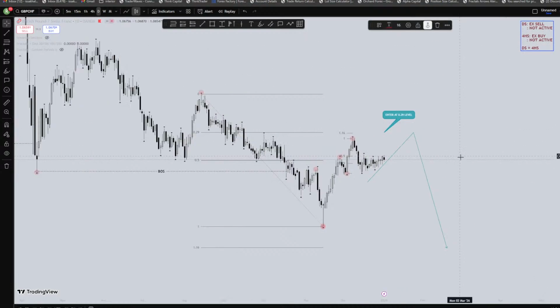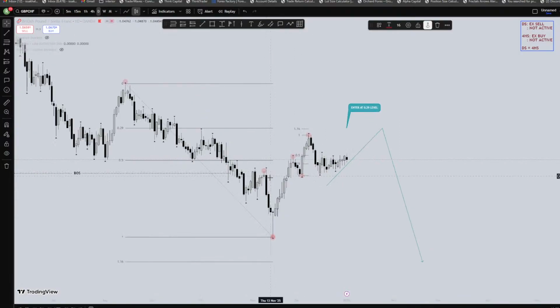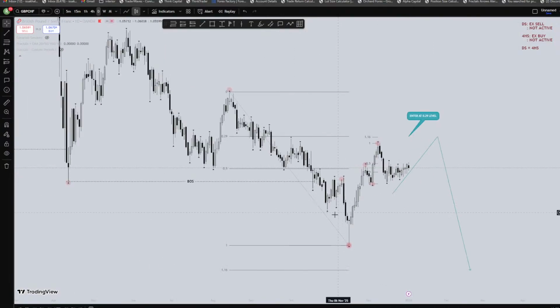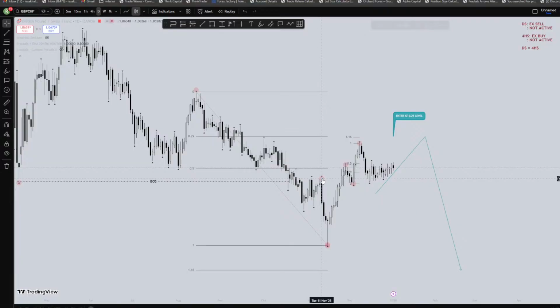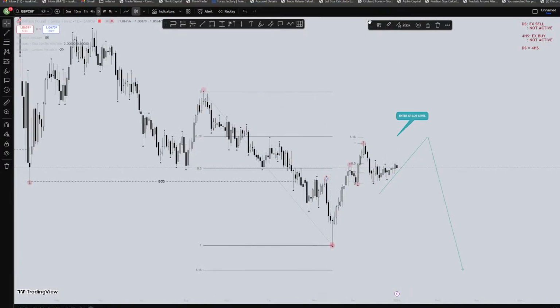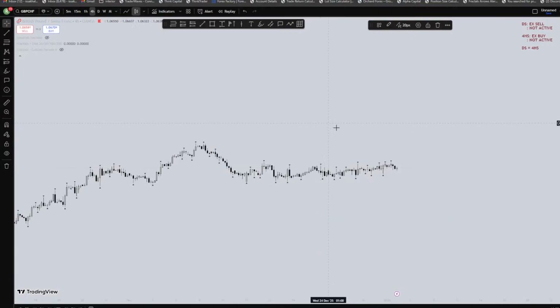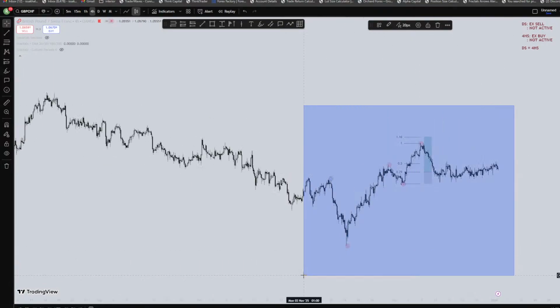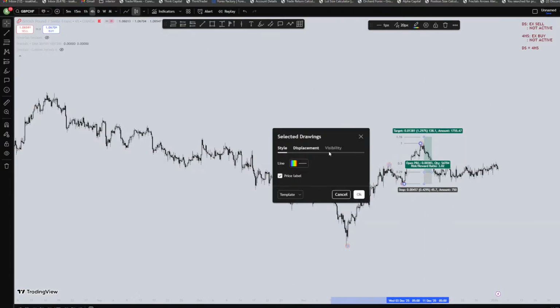Yeah, I think that's okay. So you can buy. So you see here we have like an internal. This is an internal market structure shift followed by a BOS internal as well. Actually, the setup is this.